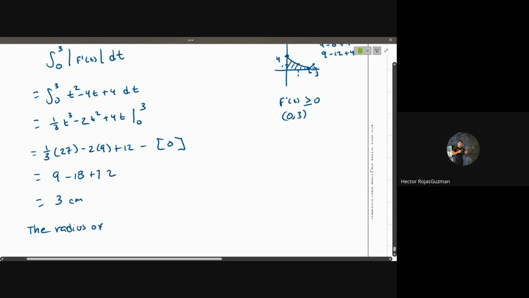The radius of the second circle increases by 3 centimeters from 0 to 3 seconds.